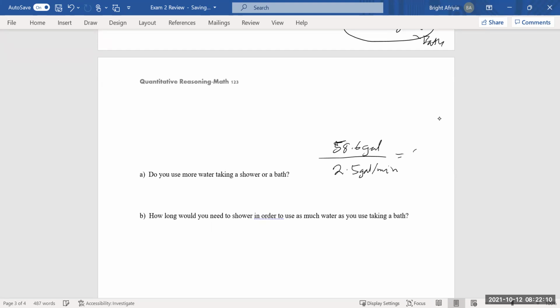And that will give us 23.44 minutes. Is that okay? So how long would you need to shower in order to use as much water? If you shower for 23 minutes and change, right? You use the same water as for a bath.